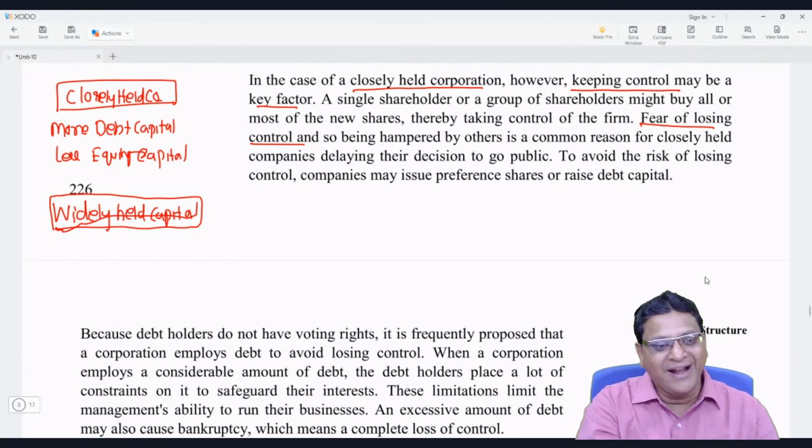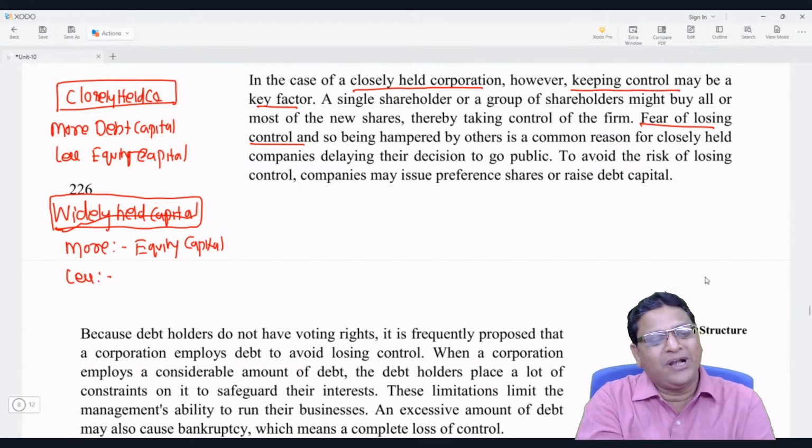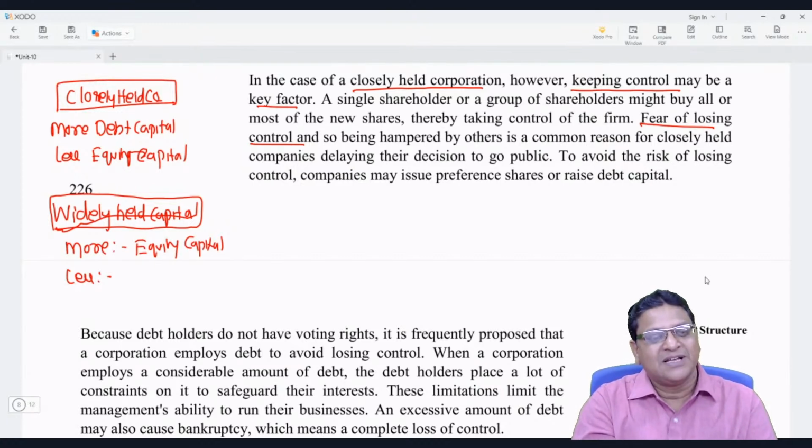Hence, in case of a widely held company, they use more equity capital and less debt capital. Because losing control is not an issue in a widely held company, as there are already many shareholders. If a few more are added, it does not affect the mindset of the existing shareholders.